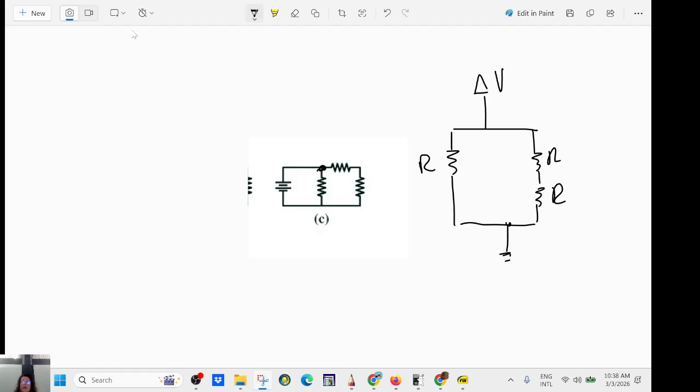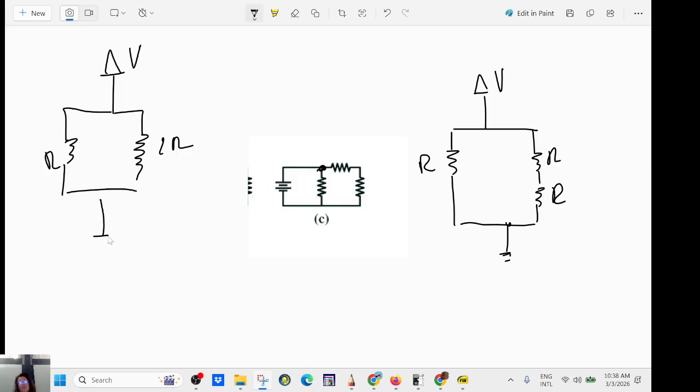Okay? And then from here, you can say, okay, this branch is R. Here, I have a big zigzag, 2R, and then you go back together. If you want to find the equivalent resistance, you're going to do something like this, 1 over R plus 1 over 2R, and put at the same denominator.